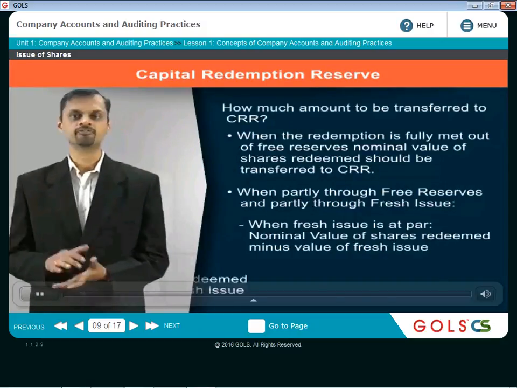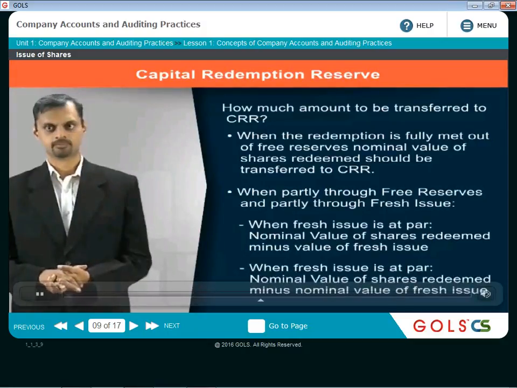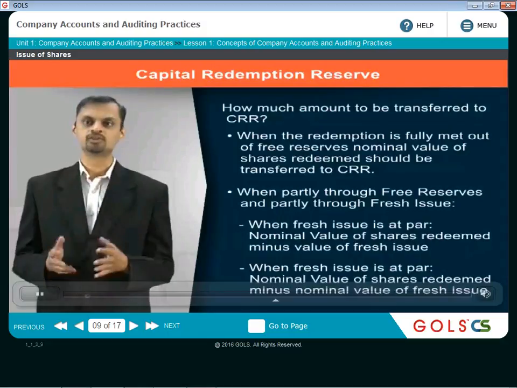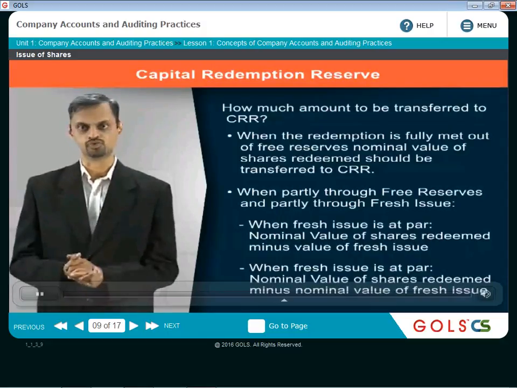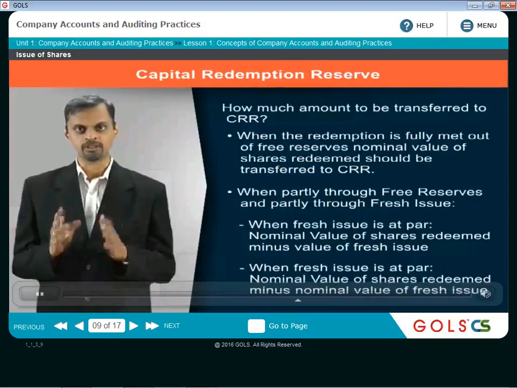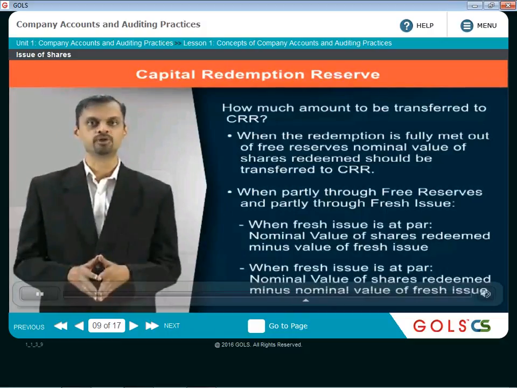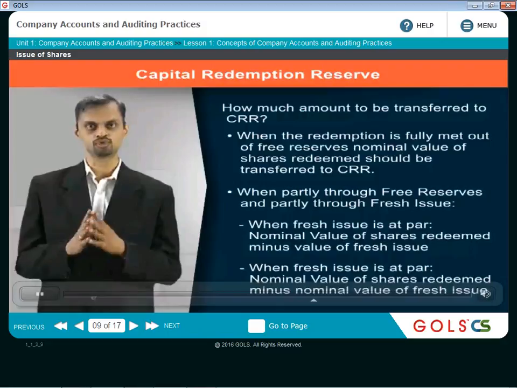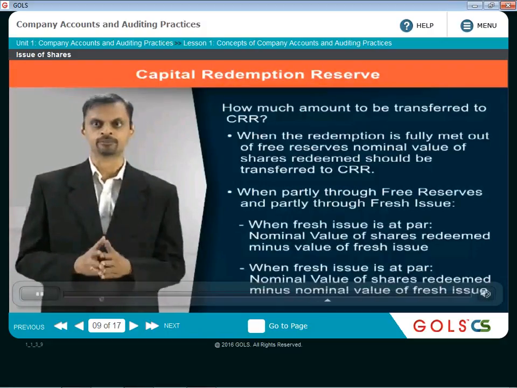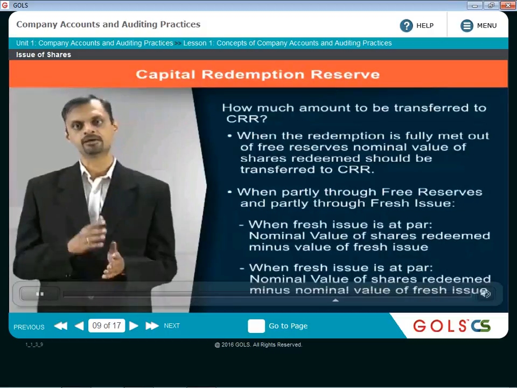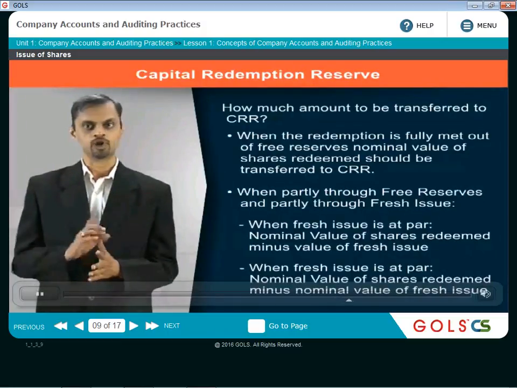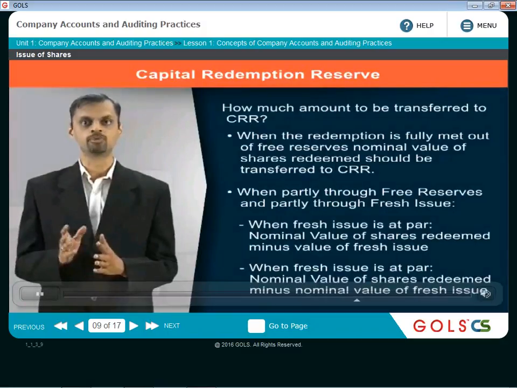When the fresh issue is happening at a premium, then again it is the nominal value of shares redeemed minus the nominal value of fresh issue. So in either case, whether it is at par or at premium, you will always consider the nominal value, because securities premium is not supposed to come into the picture as far as the redemption of preference shares is concerned. So it is the nominal value of shares redeemed minus the nominal value of fresh issue, not the total proceeds of the fresh issue.